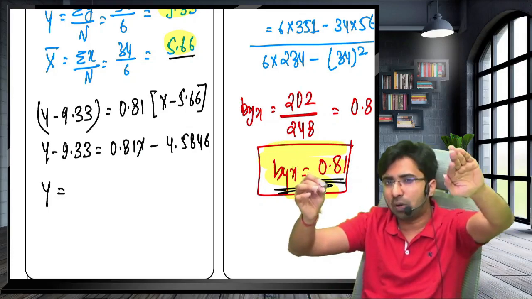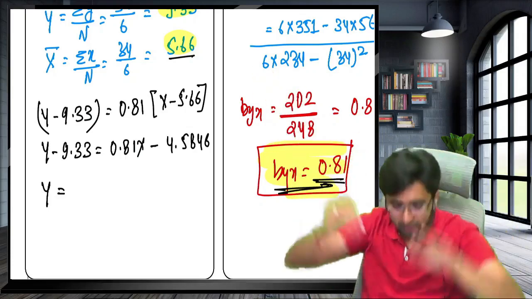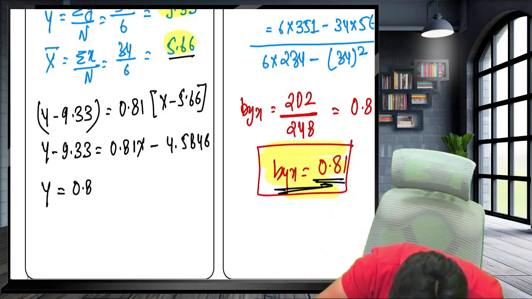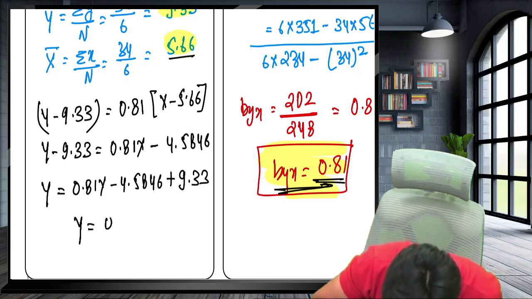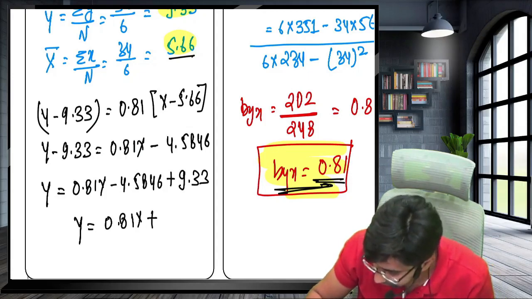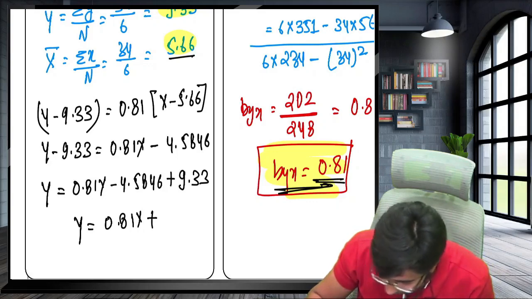So I will keep y on one side and send the remaining to the other side. Let's send the constant over there, plus 9.33. So the constant will be 0.81x plus 9.33 minus 4.5846.